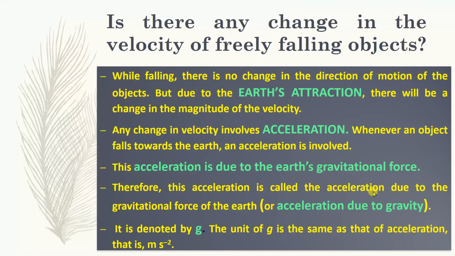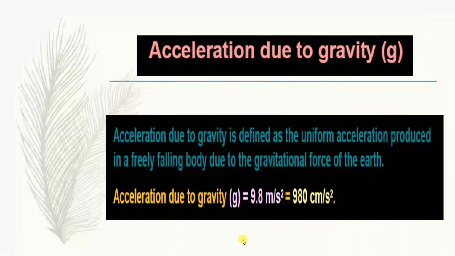We denote it by the symbol g, and the SI unit of g is the same as that of acceleration because it is acceleration only. So its unit is meter per second square. We are going to learn further about this small g in our next slide.